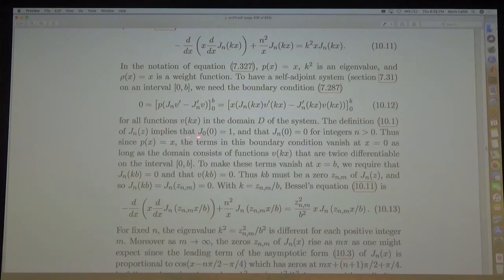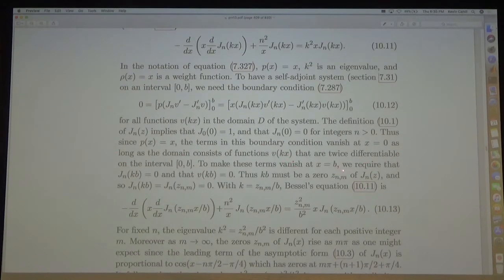The definition of Jn means that J0 of 0 is 1, Jn of 0 is 0 for integers n greater than 0. Since P of x is x, the terms in this boundary condition do vanish at x equals 0 as long as the functions v of kx are twice differentiable on the interval.